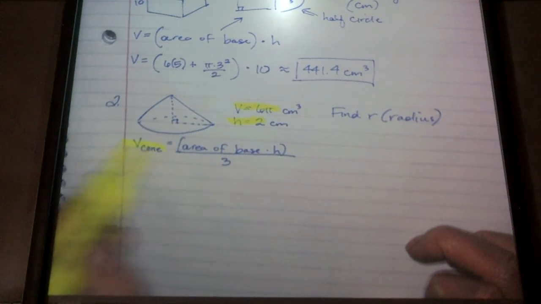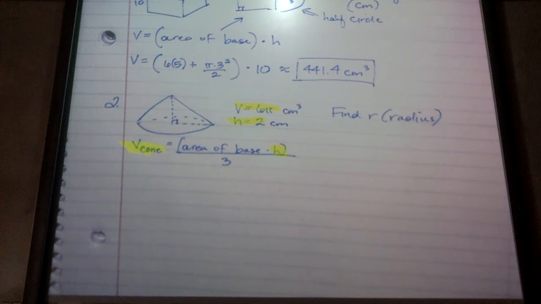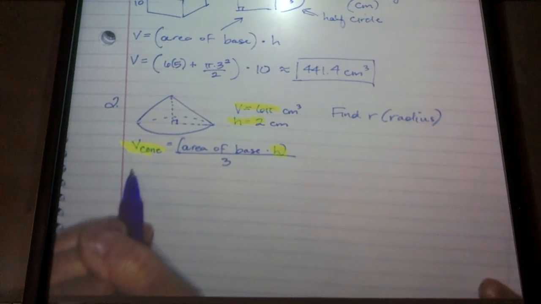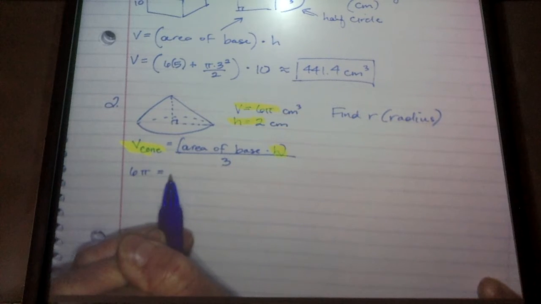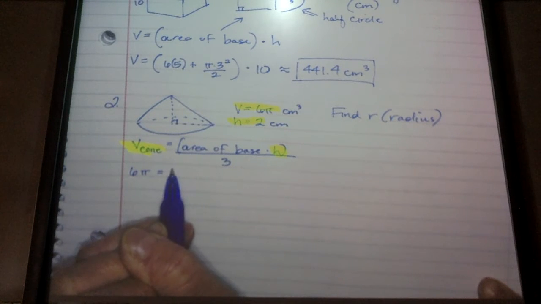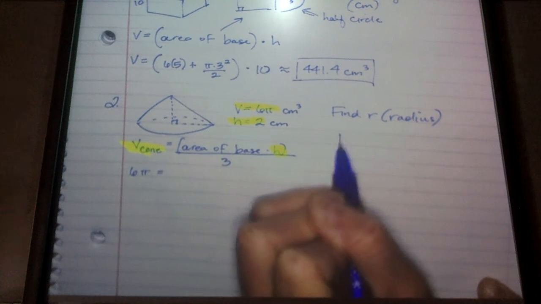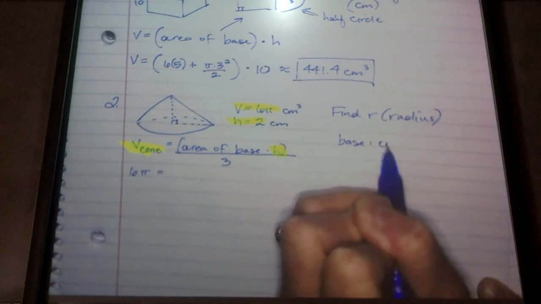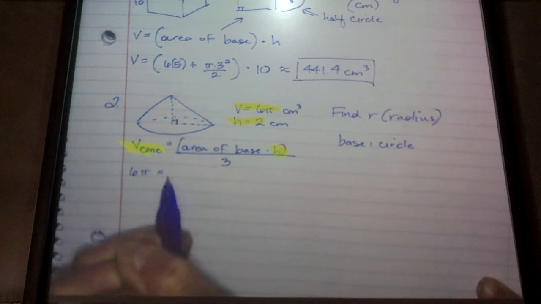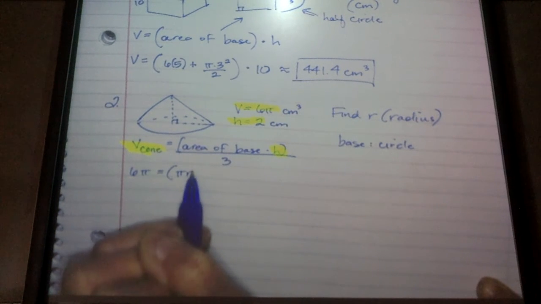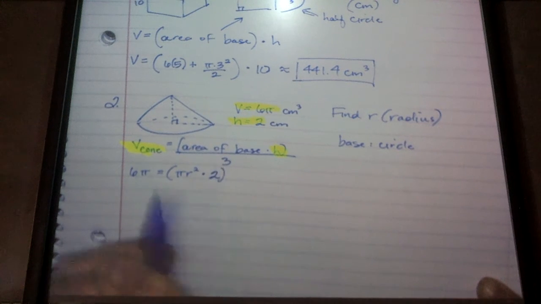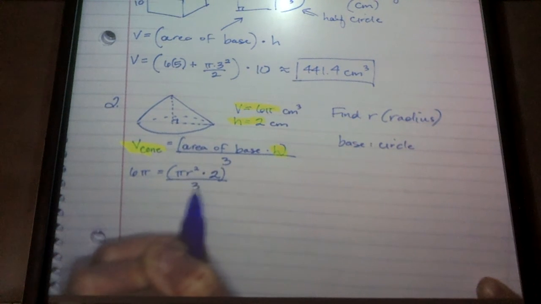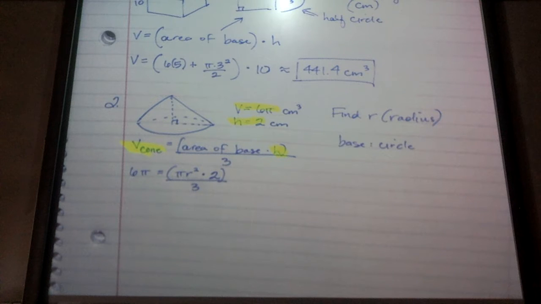So I know that the volume is 6 pi equals the area of my base, which I know is a circle. So I have pi r squared, I don't know what r is, times the height, I know that's 2, divided by 3. And then from here I'm going to solve.